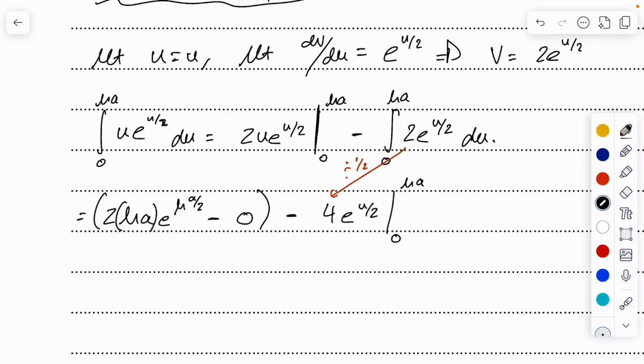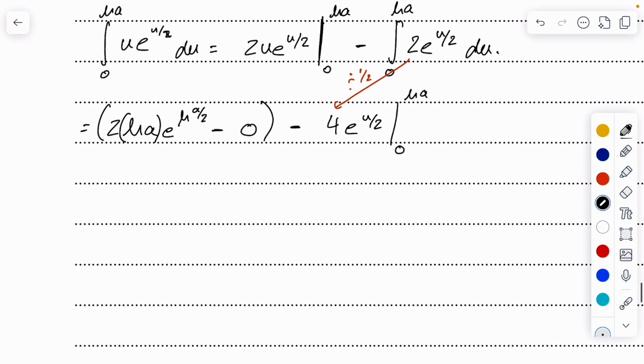If we simplify this down, we get 2 ln a times a to the half, minus 4 a to the half, minus 1, so minus 4 times a to the half minus 1, which we can then simplify further.